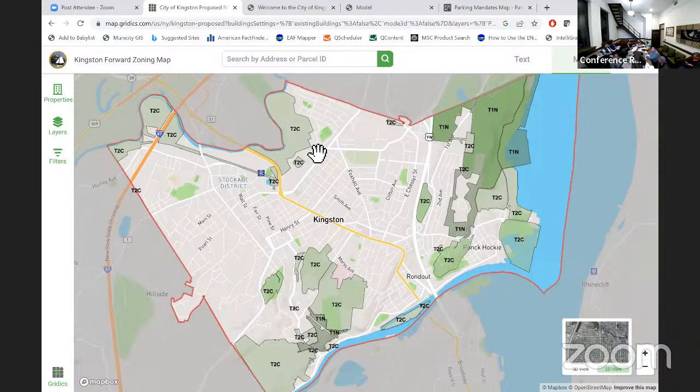Right. And I guess my question is, we look at T1 here. Do we know who owns these particular properties? These individual property taxpayers, we're now basically taking property rights away from them? If you're looking at this map up on the screen, you can see where your T1 naturals are.